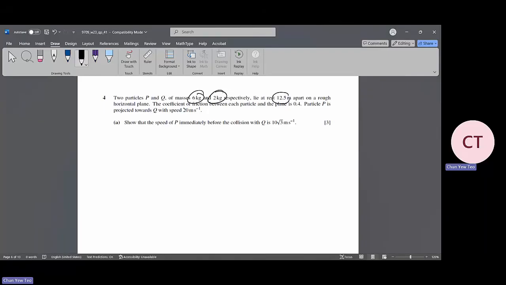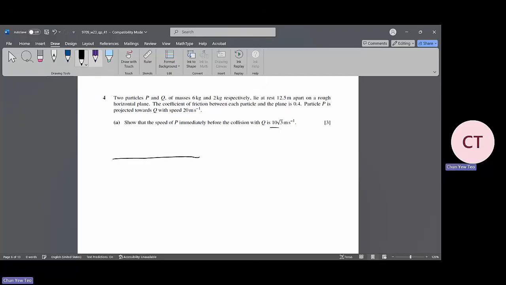The coefficient of friction between each particle and the plane is 0.4. Particle P is projected towards Q with a speed of 20 meter per second. Show that the speed of P immediately before the collision with Q is 10√3 meter per second.